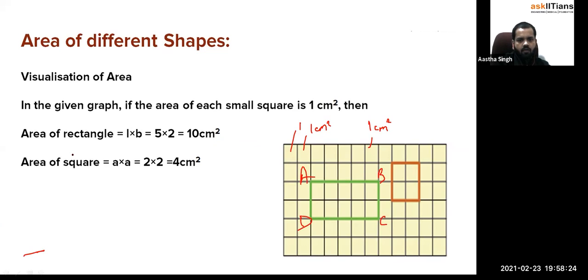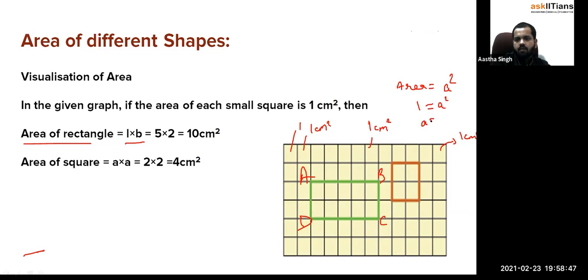You know the area of a rectangle is equal to length into breadth. What is the length? So guys, you know the area of each small square is 1 centimeter square. Area of a square is A square, and area is given as 1.